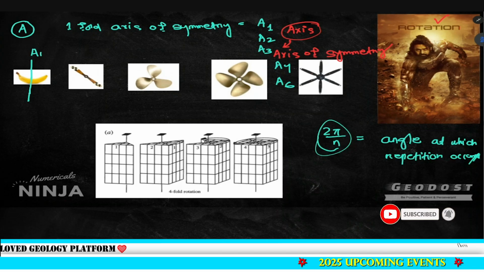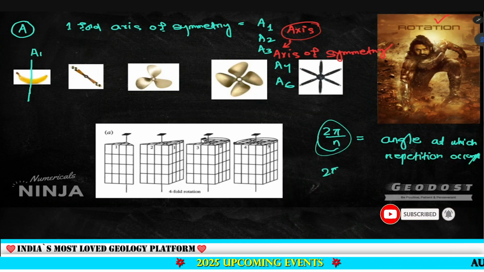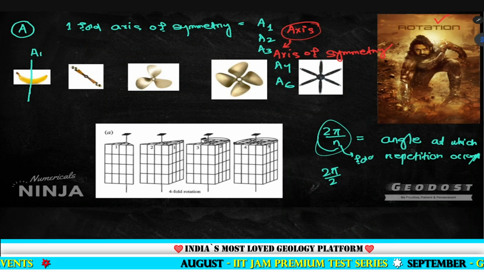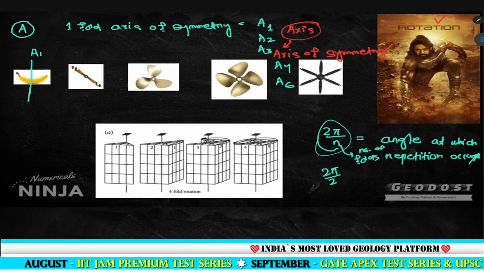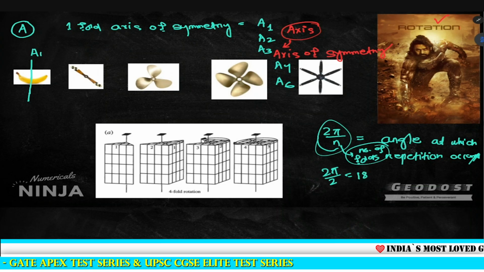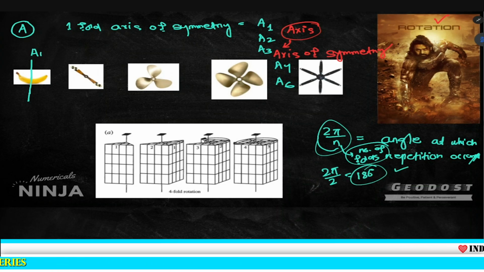Okay, अगर मान लेते कि 2-fold, ठीक है, 2-fold, तो it will be π, that means 180. तो every 180 degrees में it is going to repeat.